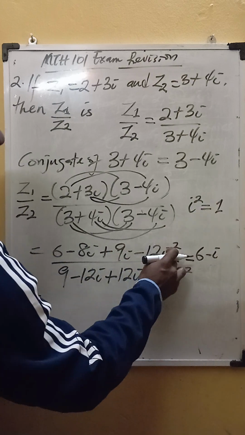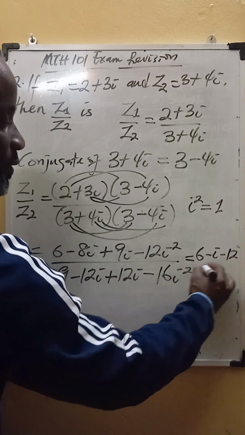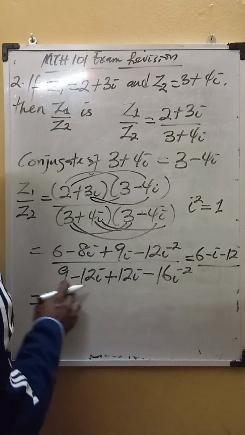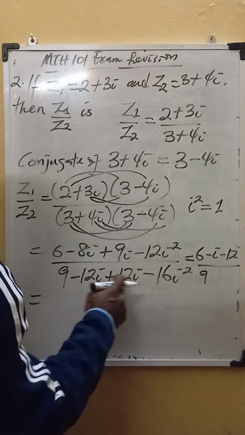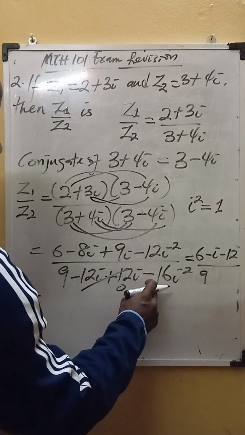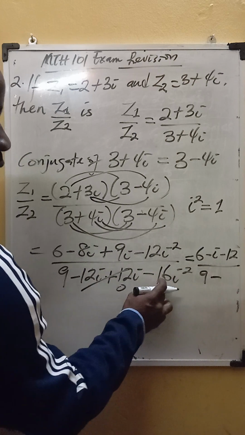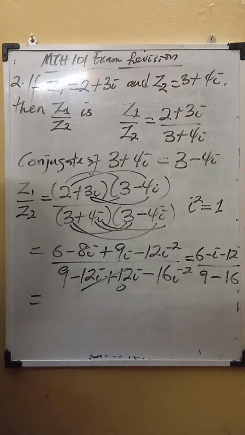Remember this is 1, so this is going to be 12 times 1. We have minus 12 plus 12, so this is gone. This is already 0. So we have here 9 minus, remember the 1, 16 times 1, we have 16 for that aspect.